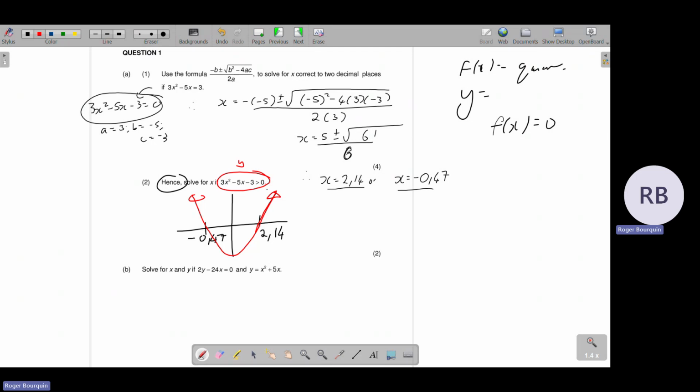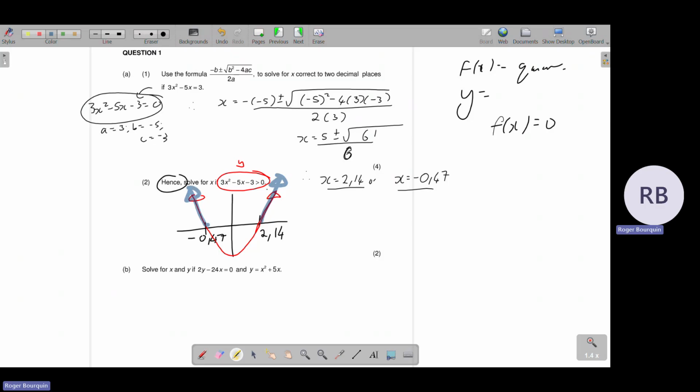For which x values is the graph bigger than 0? What does that mean visually? It means where is the graph above the x-axis? So highlight where that happens. Where is the graph above the x-axis? Well, it's over here. Do it on the graph first. And it's over here. That's where the graph is bigger than 0.